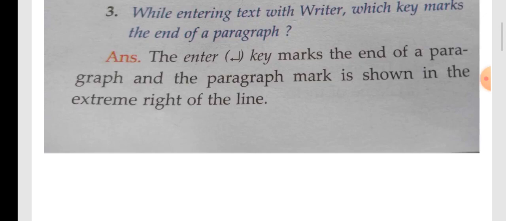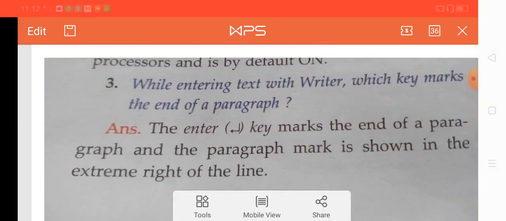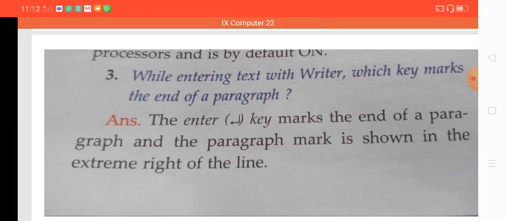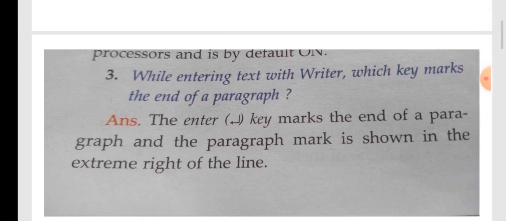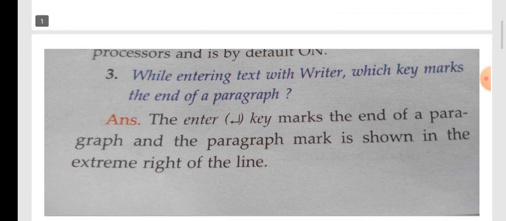So the enter key marks the end of the paragraph, and the paragraph mark is shown in the extreme right of the line. So to end the paragraph, we just press the enter key. By using the enter key, you can end your paragraph in Writer.